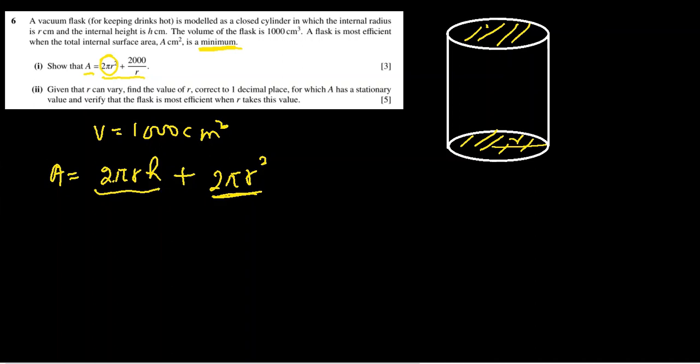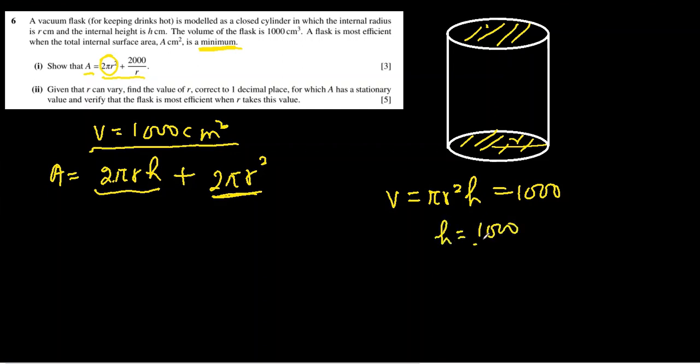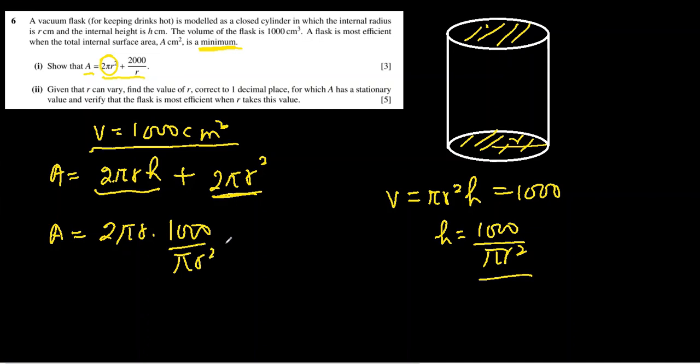Only thing is that the next one should be 2000 over r, but we have here 2 pi r h, so h must go. So let's use this particular fact of volume, which is pi r square h for a cylinder, is 1000 centimeter cube. So h becomes 1000 divided by pi r square, and let's use that here. We get 2 pi r times 1000 over pi r square plus 2 pi r square.